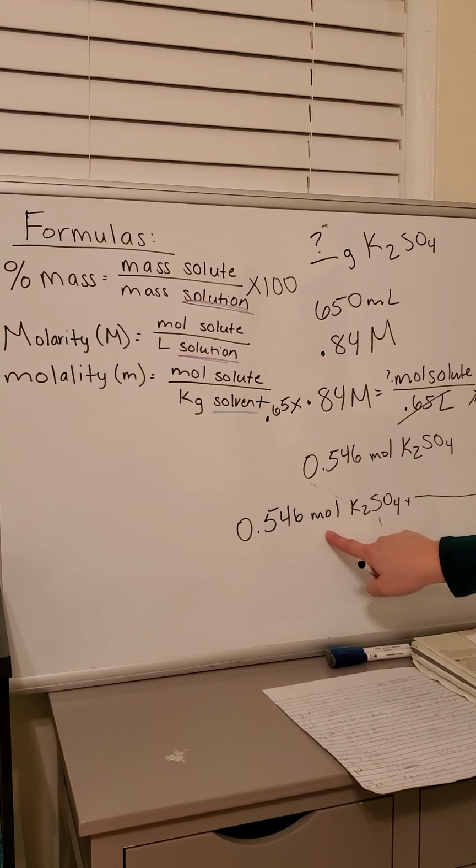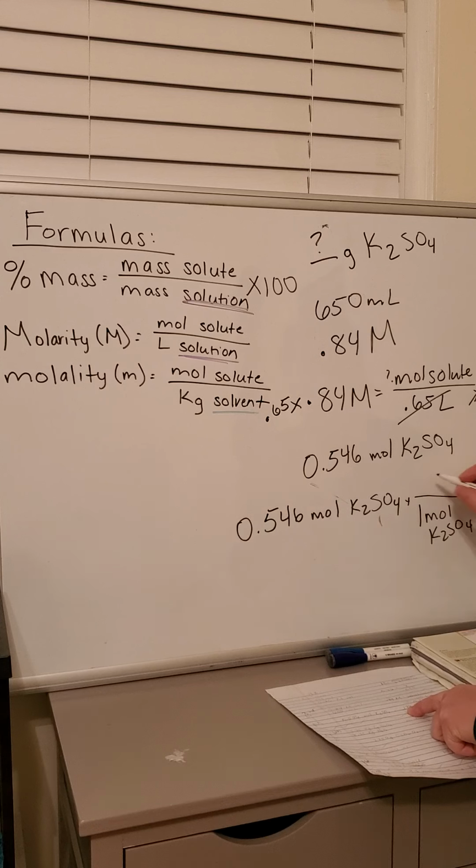If we want to get rid of moles, it needs to be down at the bottom. So 1 mole of the K2SO4, and we need to have the molar mass of K2SO4, which again you get from the periodic table. I will go ahead and do that for you: 174.27.